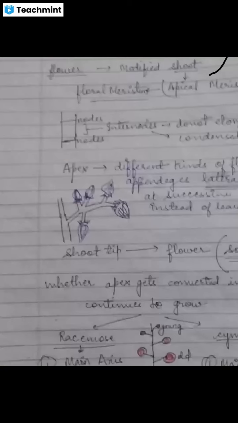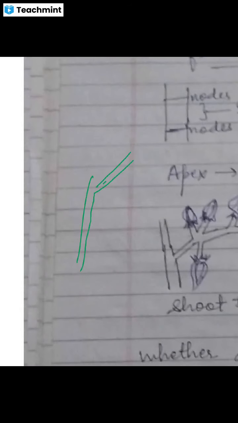Suppose I'm drawing over here. This is the stem. Now, the floral part is what? This one, the tip. Here you will get the flower. Okay, यहाँ पर फ्लावर आएंगे, यहीं पे तो फ्लावर बनेगा.